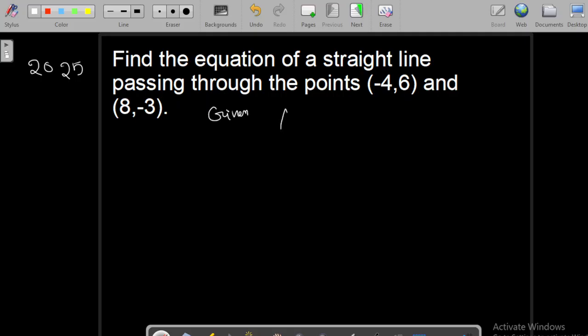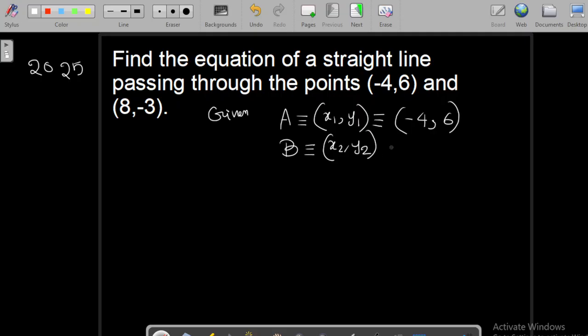Given the first point A, we can name the point as x1 y1, which is -4 comma 6, and the second point B, which we can denote by x2 y2, is 8 comma -3. Now first of all, in order to find the equation of any straight line, we need to find its slope.